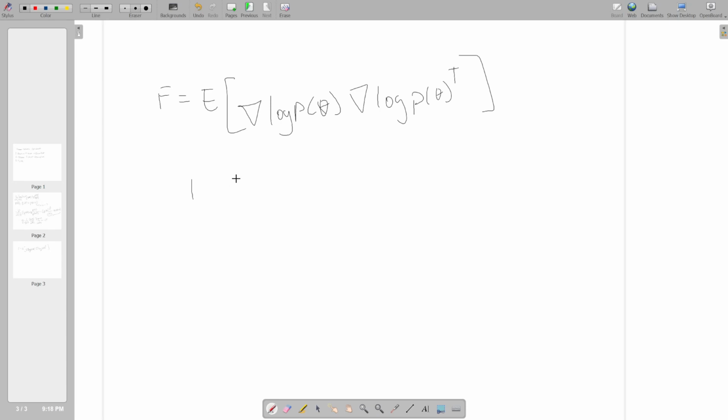So we can get the usual form if we remember that the gradient of log p of theta is equal to the gradient of p of theta over p of theta, because the log just gets differentiated through. If you remember, and once again this is a natural log, the derivative of natural log of x is 1 over x, for anyone who doesn't remember calculus.